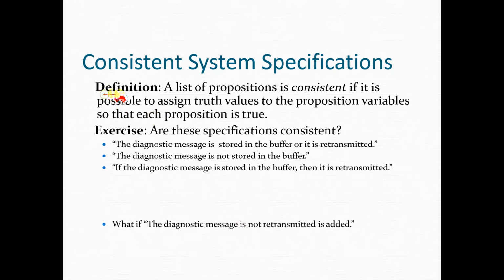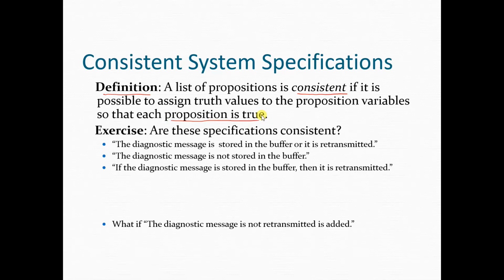Okay, next definition, and this definition is about a consistent system. A list of propositions is consistent if it is possible to assign truth values to the proposition variables so that each proposition is true.